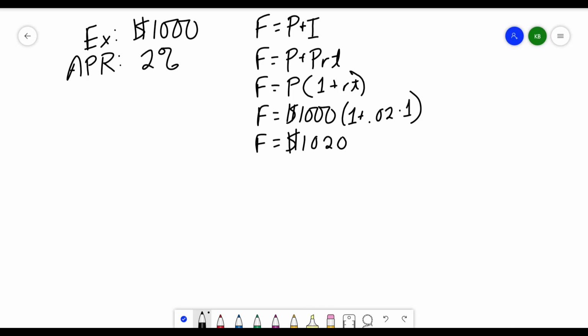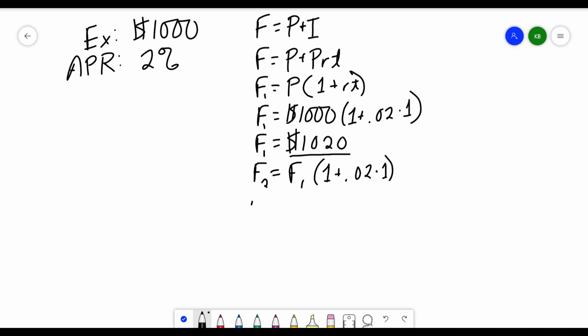Now, if I left the money in for another year and the interest started earning interest after another year, so this would be my future value after 1 year. So I'm going to put a subscript 1 here for me. My future value after 2 years would be my future value after 1 year, so this new principal that I have, times 1 plus 0.02 times 1.